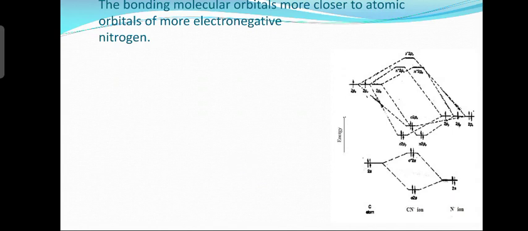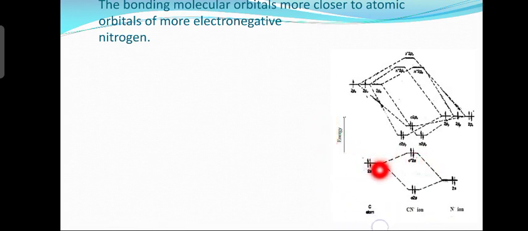Next slide. You can see the molecular orbital diagram here. The bonding molecular orbitals are closer to the atomic orbitals of the more electronegative atom. Energy is plotted along the y axis.